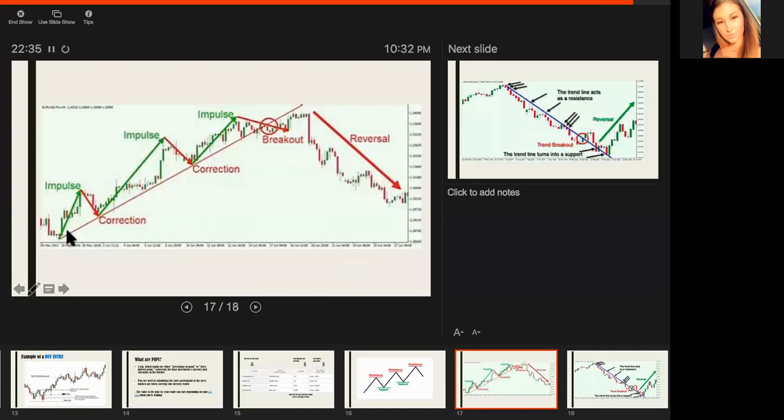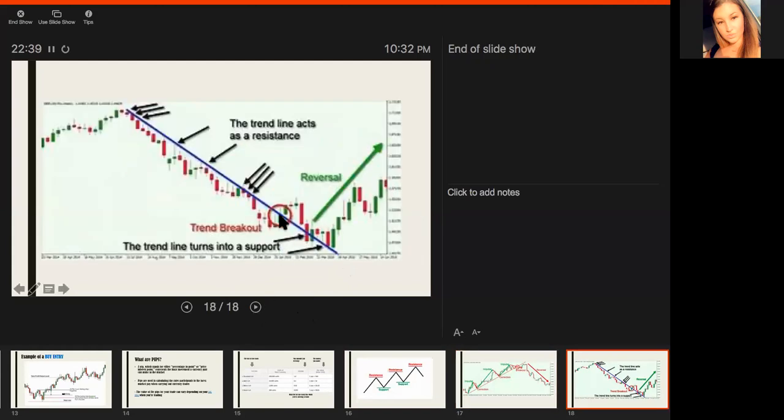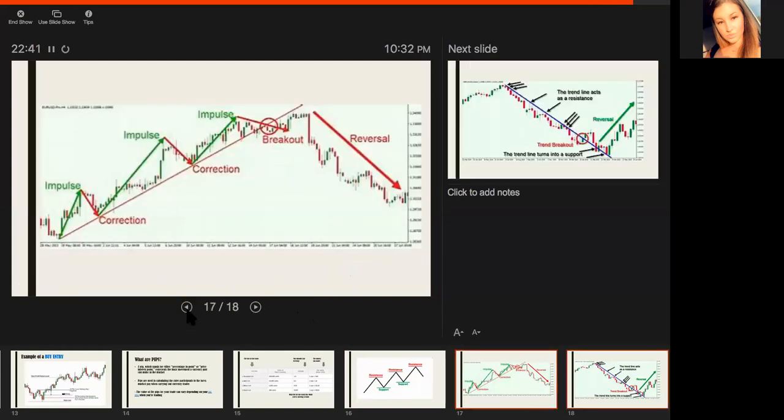We also want to look at an uptrend or a downtrend and draw a line from the low right here to the current low that it's at. This is called our trend line. This is another way of telling what the trend is doing and where the market is moving next.